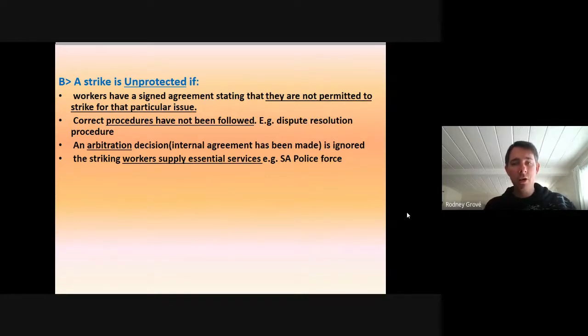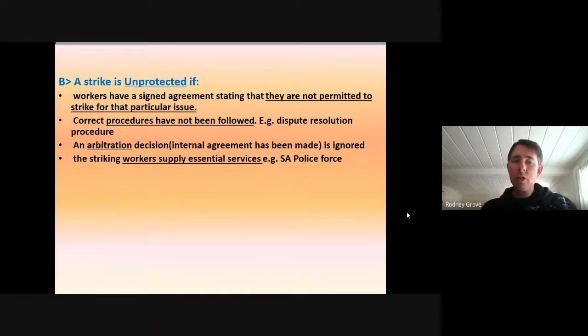You may then not go on strike for a wage increase for the contract of that period. In other words, for the next 5 years. Okay. Correct procedures have not been followed. So if you go on strike and you haven't followed those procedures, in other words, going to the CCMA, getting your certificate, etc., your strike is unprotected.